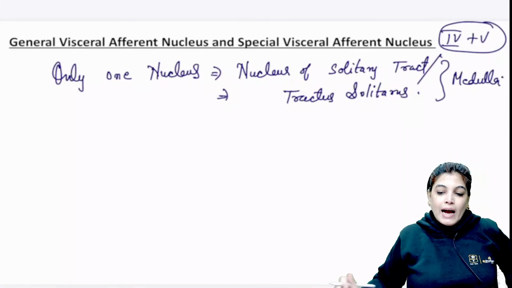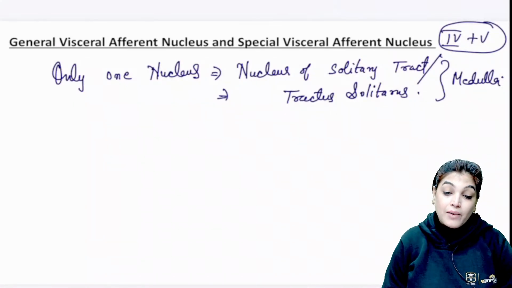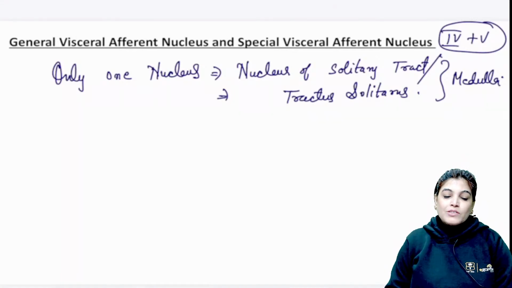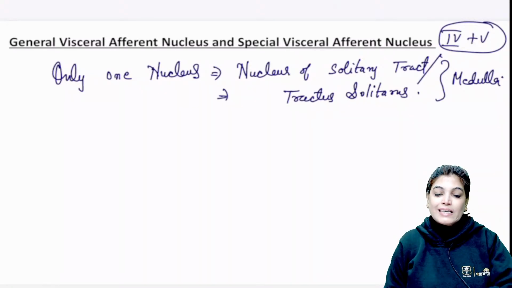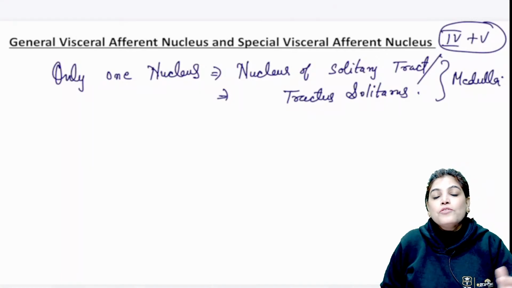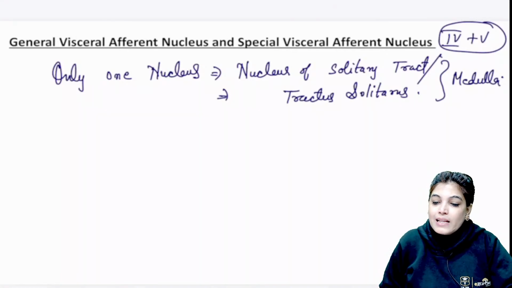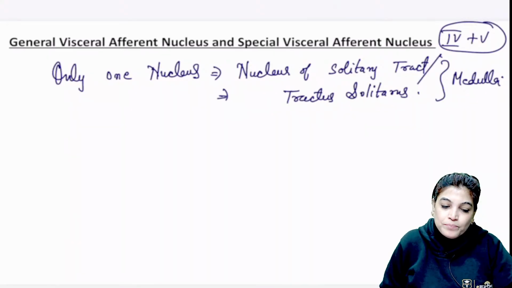Now I want you to understand which sensations it receives and its important function. The lower part of the nucleus of tractus solitarius receives general visceral sensations through the ninth cranial nerve from the tonsil, pharynx, and the posterior part of the tongue, except the circumvallate papilla.